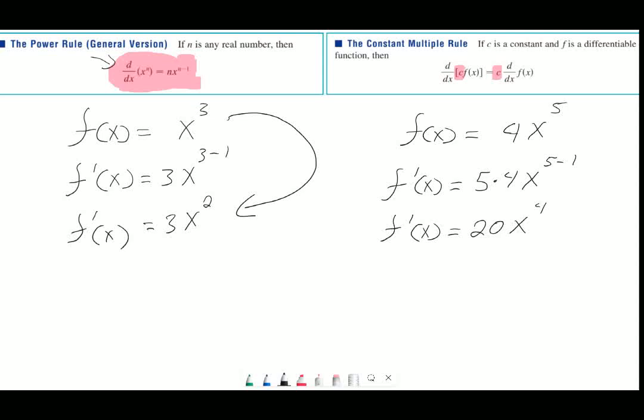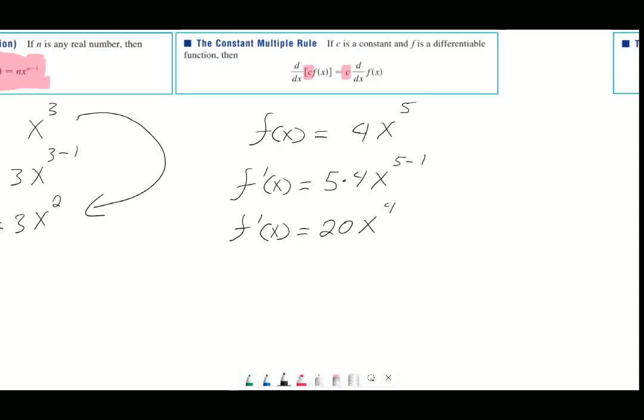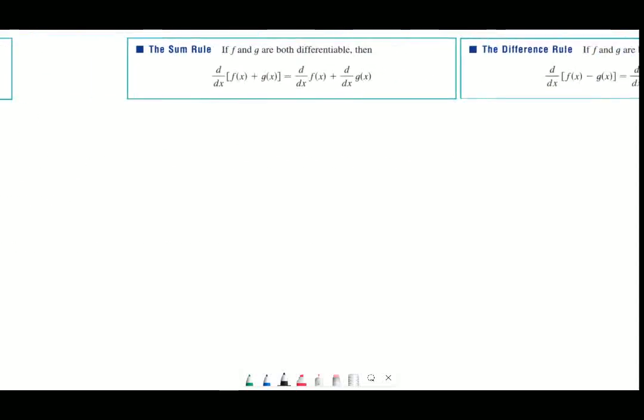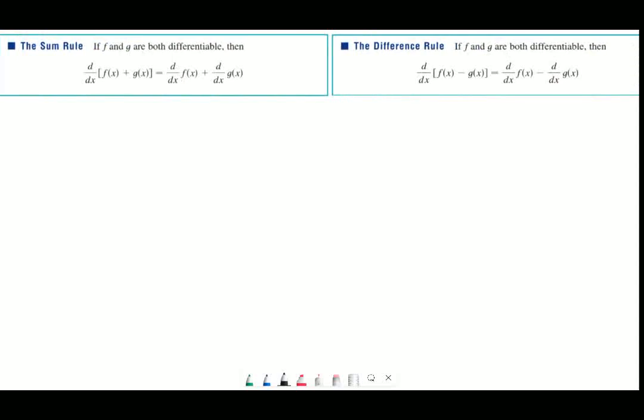Now we have a few other rules that allow us, again, to handle more complicated situations. And that is our sum rule and the difference rule. And what these rules allow us to handle is a situation that looks like this. Let's say I have f of x equals 5x to the third minus 2x squared plus 17x.